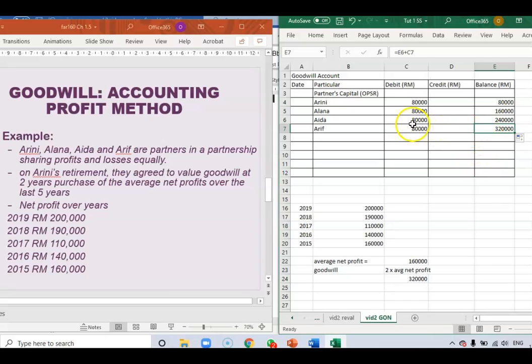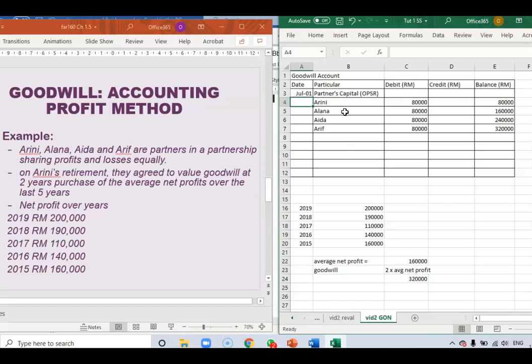So you need to counter record it, to make sure the goodwill account is closed at the end, because the goodwill is a valuation as at, let's say, the 1st of July. So by 31st December you will not have a goodwill balance to be brought forward. So you need to close it out.